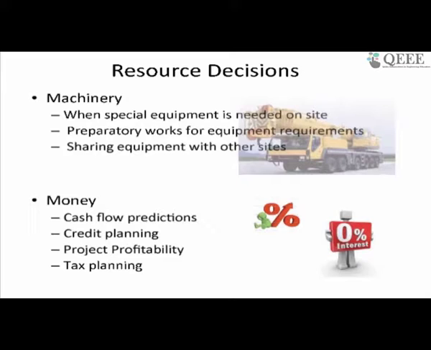I think a lot of project profitability depends on how you manage the money, and money is based on how you spend it, which is based on all the other resources which are grouped in the project. So managing money in terms of cash flow, credits, profitability, taxes, all of these also come into your resource management area, or are influenced by how you manage risk.